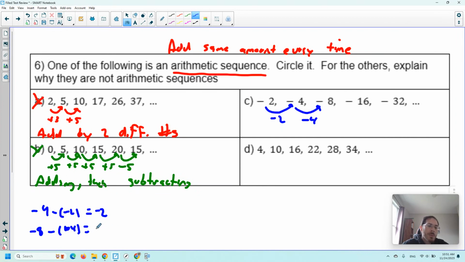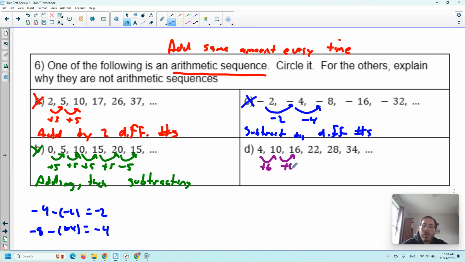That's like -8 plus 4 is -4. So we can get rid of that one too. And the reason for this one is we're not having the same amount, so we're subtracting by different numbers. Similar to how the first one was, similar to A. So that, again, just like before, D has to be the right answer, but we can double check it.